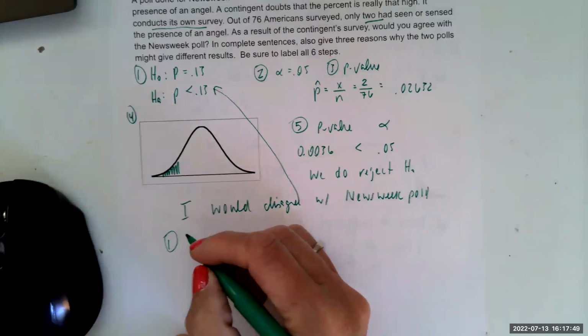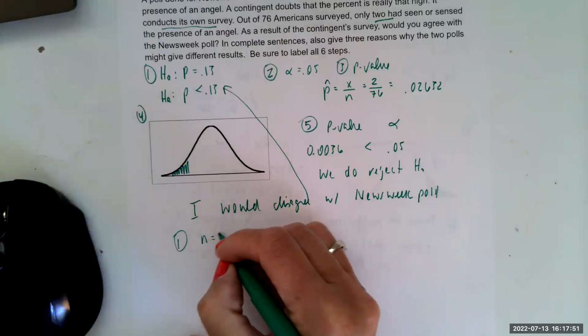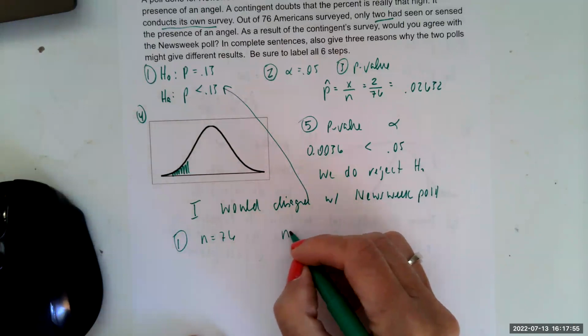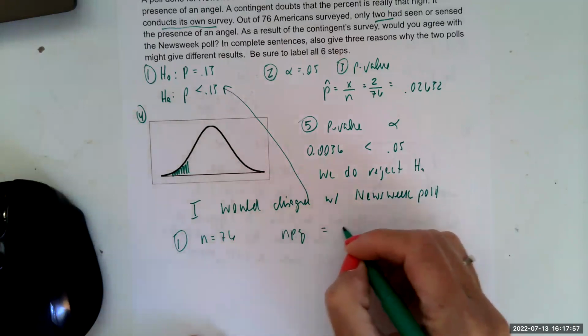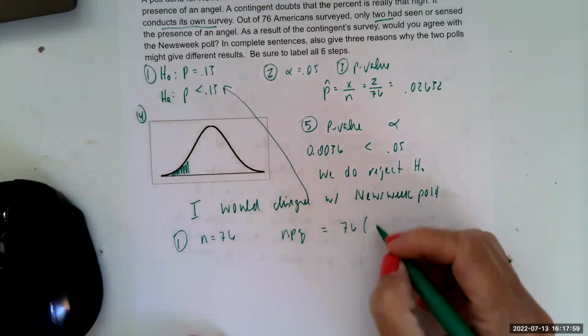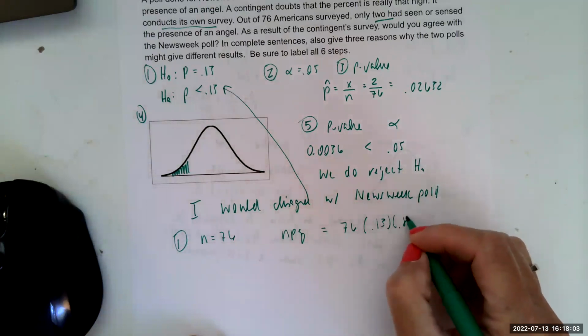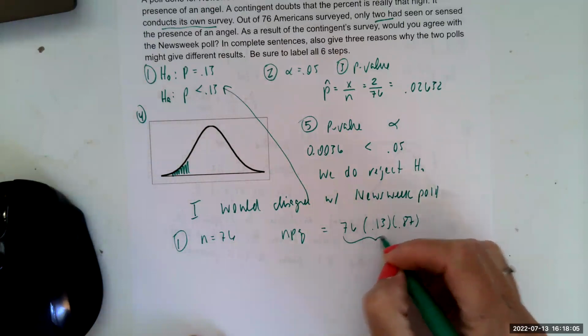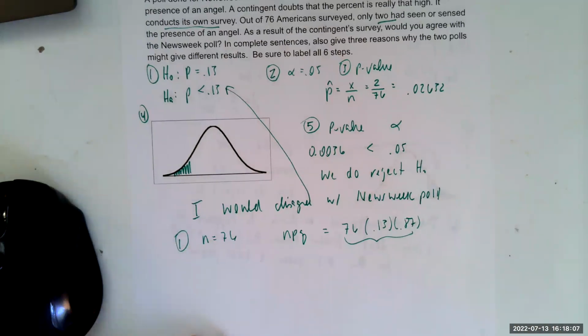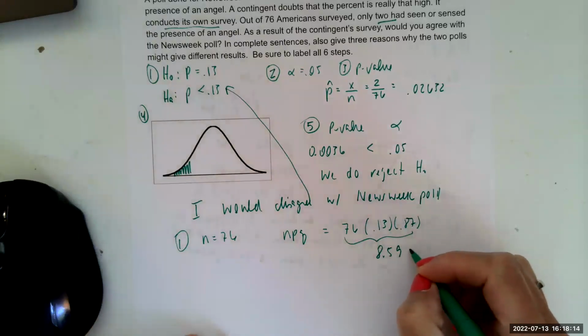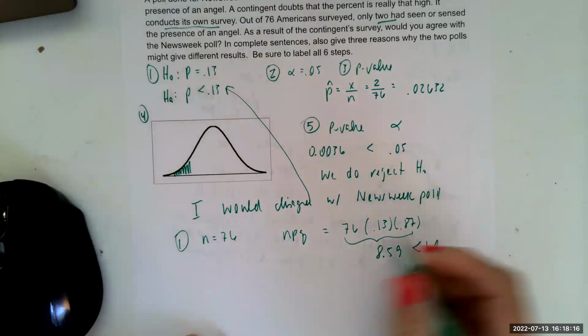So n equal to 76. So let's just do npq and see what we get. So 76, and we have to use p is 0.13 and q is 0.87 here. And that comes out to be 8.59, which is less than 10.